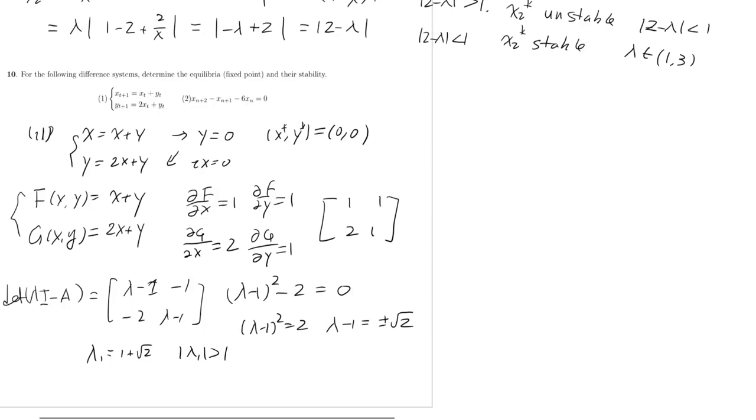And for lambda 2, we have 1 minus root 2, which is less than 1. So this is a saddle. So (x star, y star) equal to (0, 0) is a saddle. It's unstable.